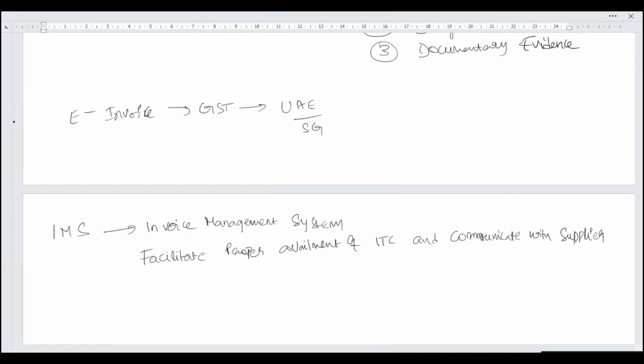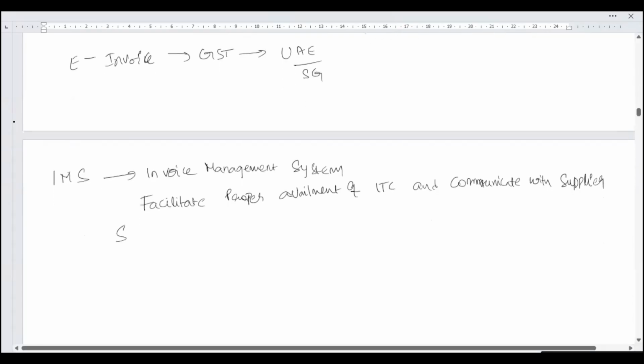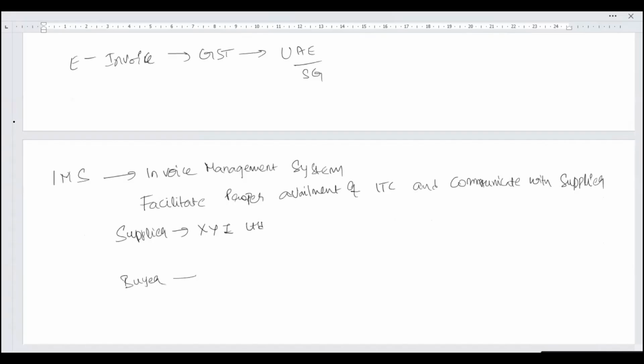Similarly, this IMS. They say that you communicate with your vendor through my portal called Invoice Management System. For example, let's say there is a supplier called XYZ Limited. There is a buyer called Mr. X. So XYZ Limited has given an invoice, say invoice number 145.